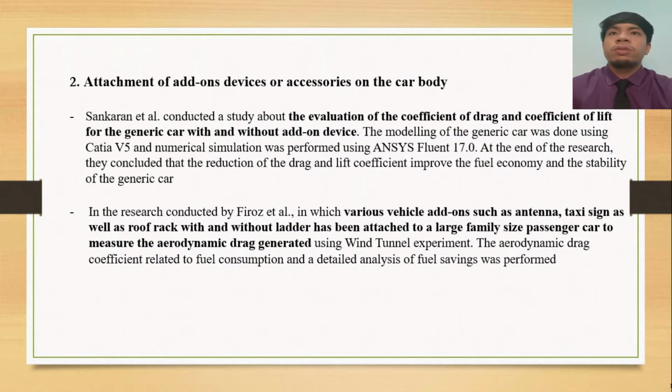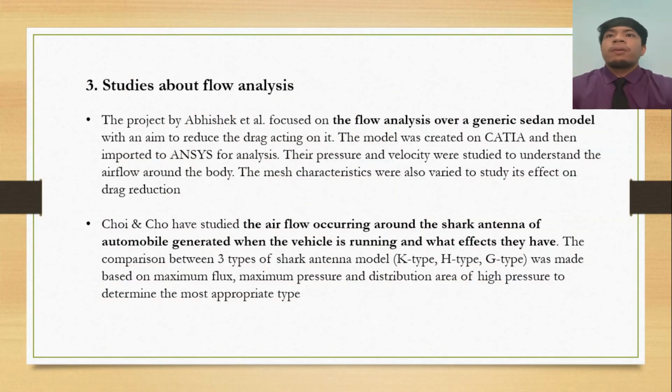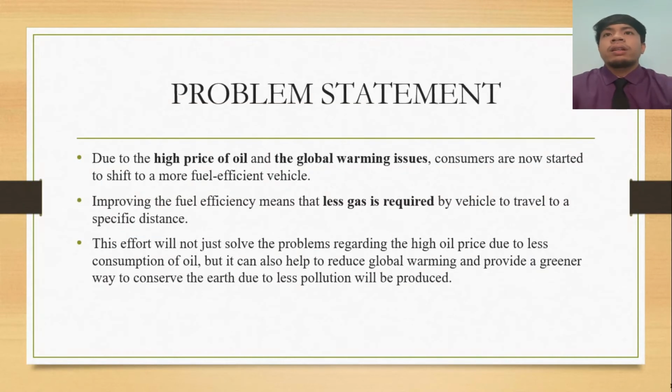So let's move to the next slides. Furthermore, there are also studies regarding the flow analysis, which has the same purpose to reduce the drag coefficient. Next is the problem statement.